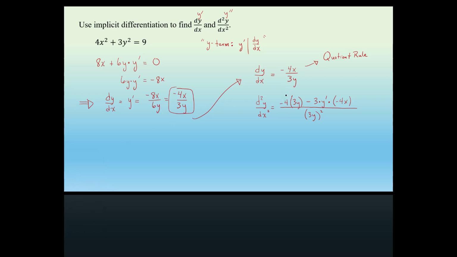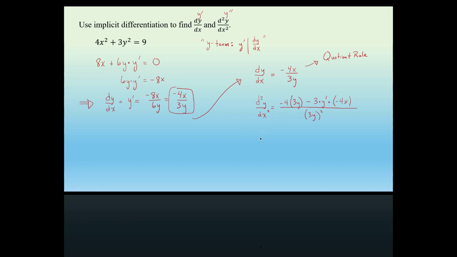So one more time, derivative of the numerator, the derivative of negative 4x is negative 4, times original bottom, which is 3y, minus the derivative of the bottom. Well, the derivative of 3y is really 3, but because I am doing the derivative of a y term, I attach my y prime times original numerator, all over the bottom squared.